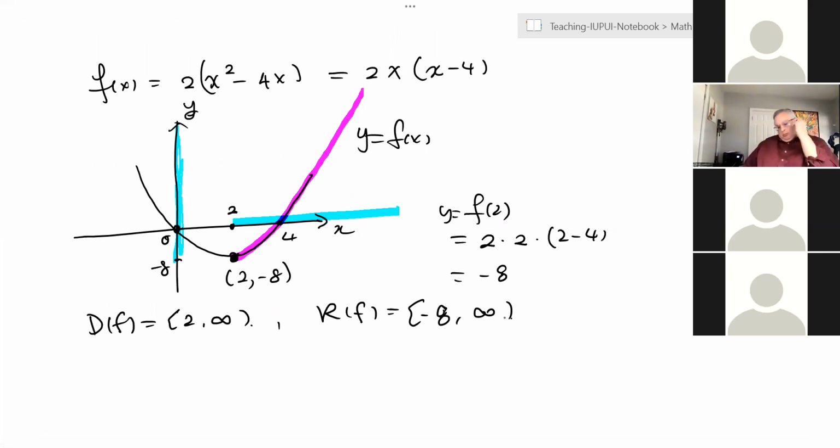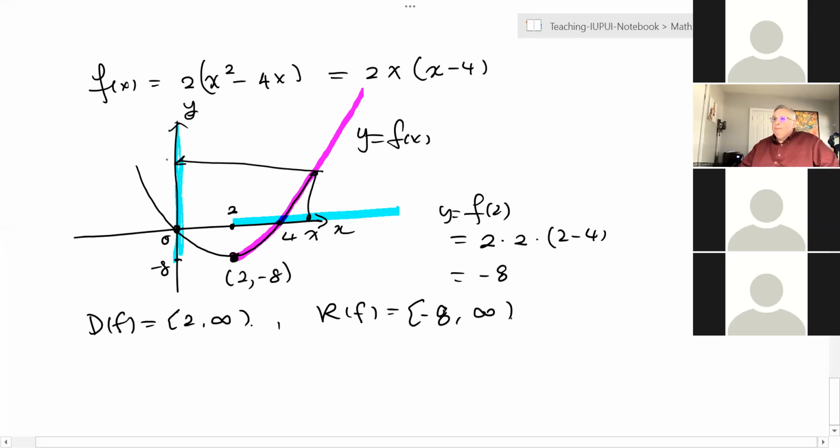Now, the inverse exists. How do you do that? Well, here's x, right? And you go up and draw this one. This is y.